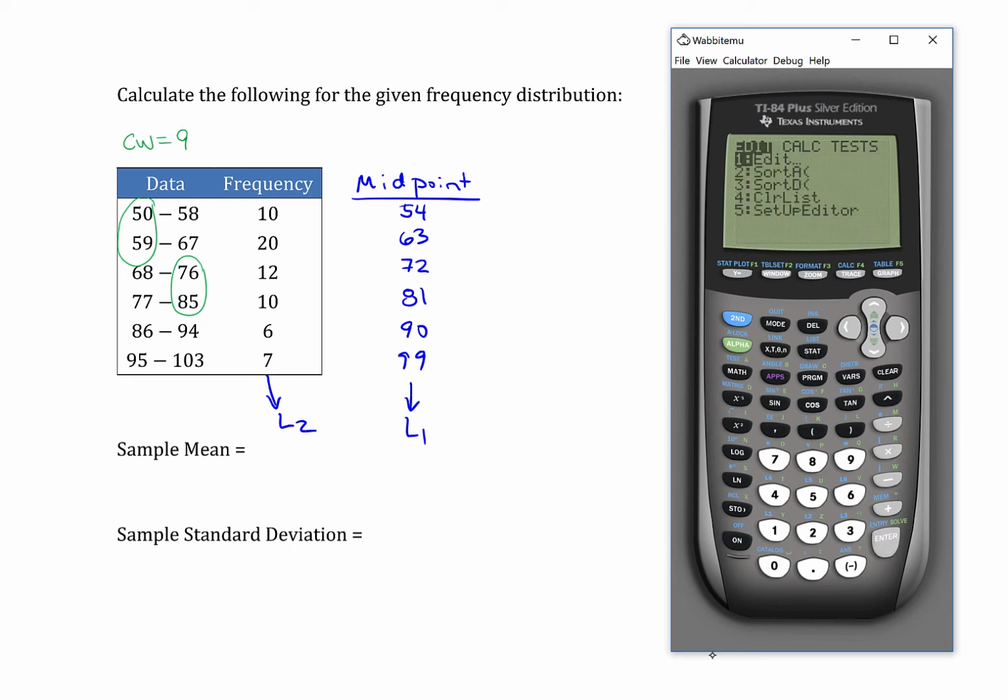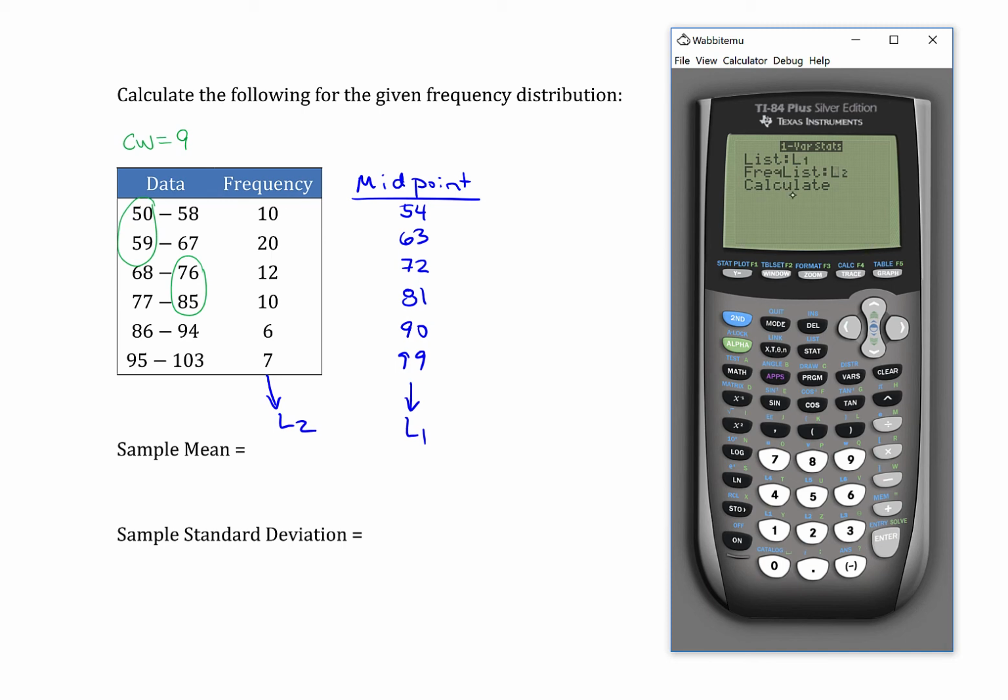Now, to get the value of the standard deviation and the mean, we'll use 1-Var Stats, but we need to take care to make sure we're using a frequency list. These menus are really helpful in that it's hard to forget to put a frequency list here.